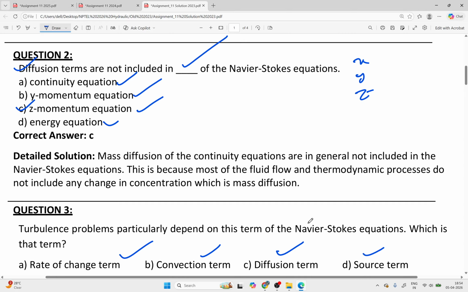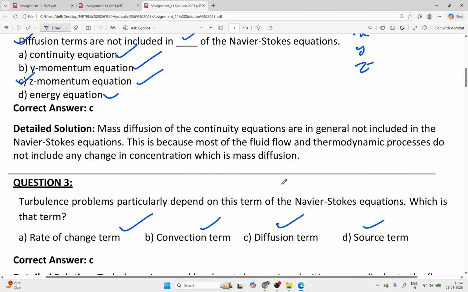So turbulence problems particularly depend on the diffusion term of the Navier-Stokes equation. Remember.